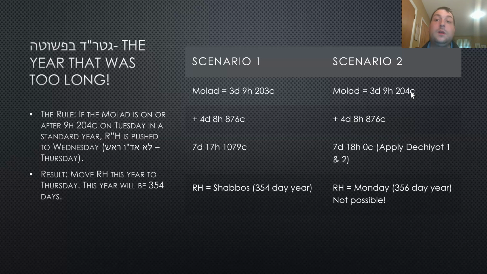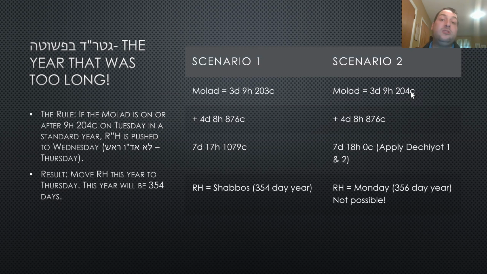However, on the molad of 3 days, 9 hours, and 204 chalakim, if you notice, the sum comes out to 7 days, 18 hours, which means that Rosh Hashanah will be pushed off because of Molad Zaken to Sunday, but we can't have it on Sunday. So therefore, it's going to be pushed off to Monday. So that would mean that the year is 356 days long.